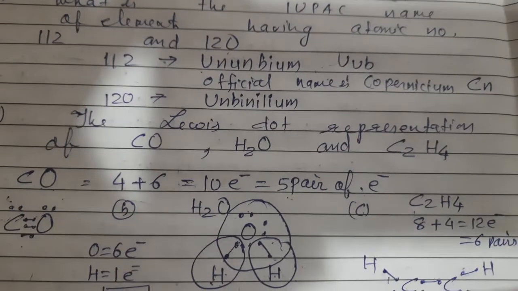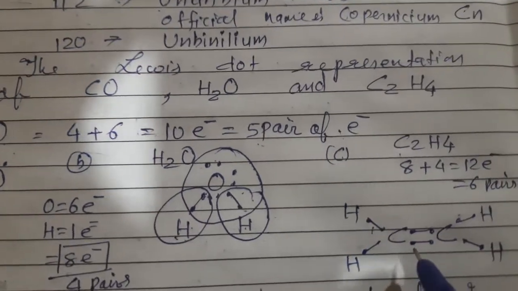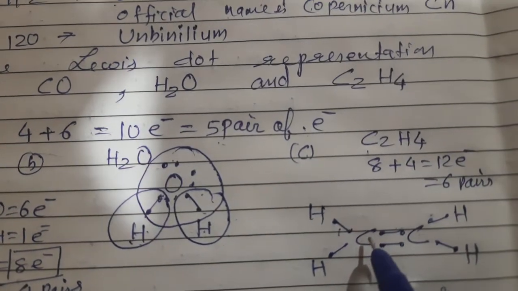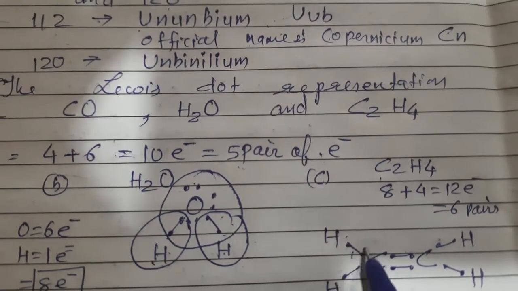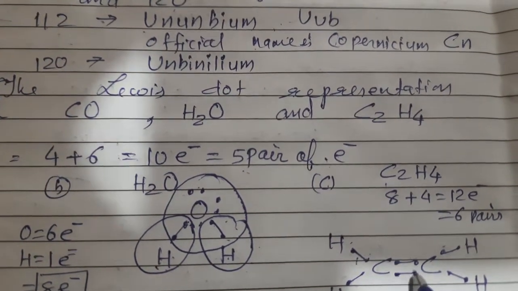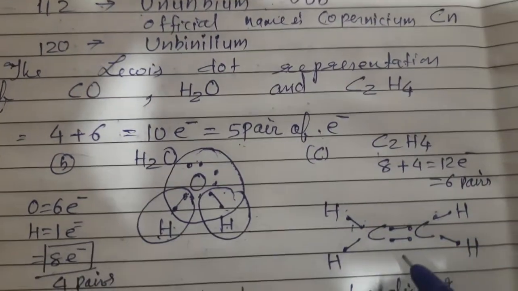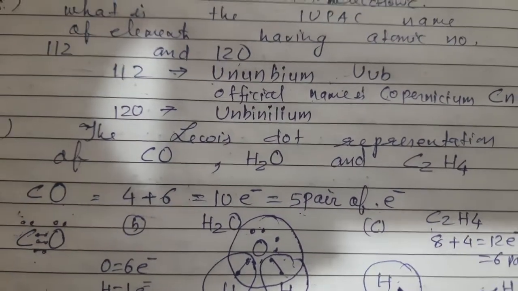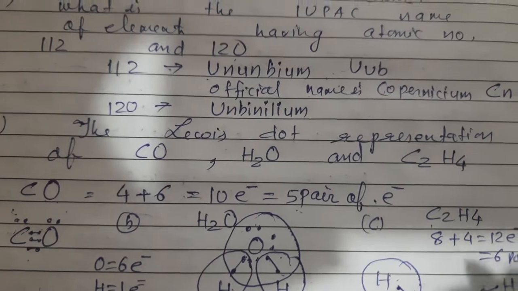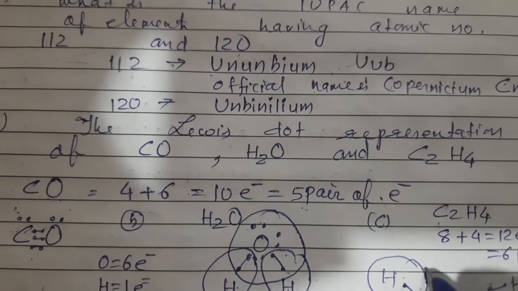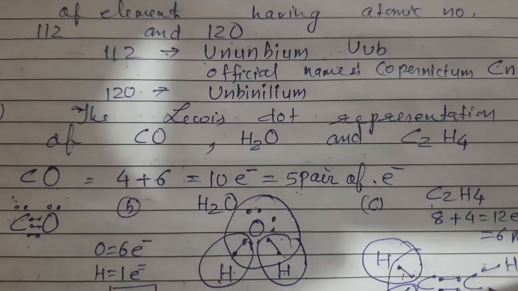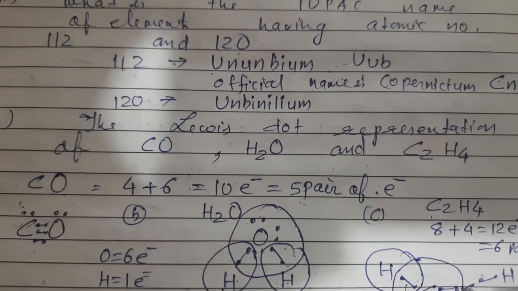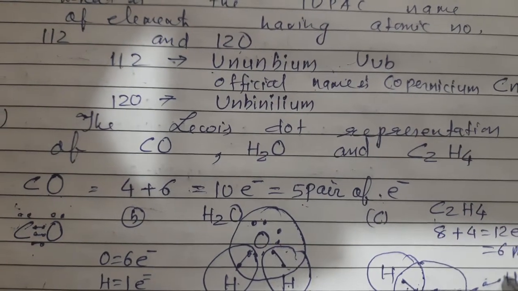So if I put a double bond like this, then I see that carbon also has an octet: 1 2 3 4 5 6 7 8. So the octet of both the carbon atoms is completed. So let us draw. Then this carbon, then this carbon.